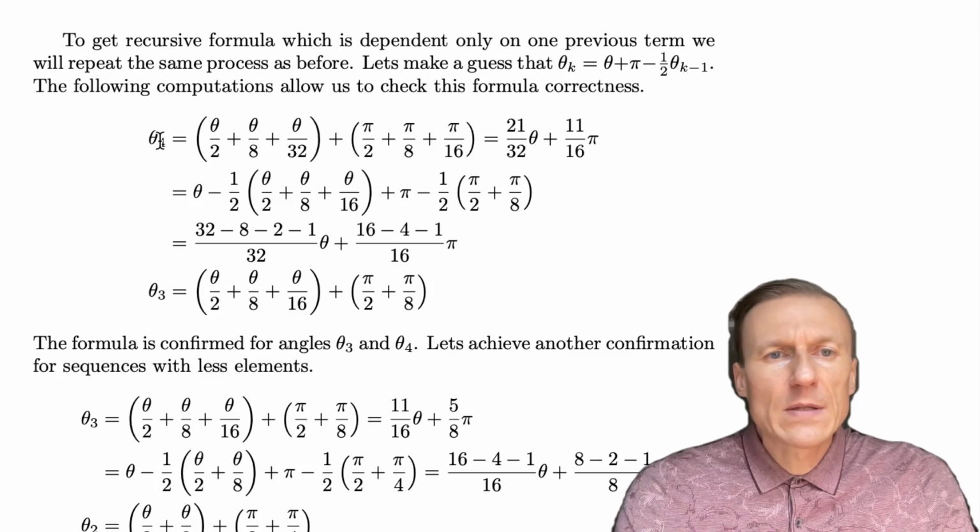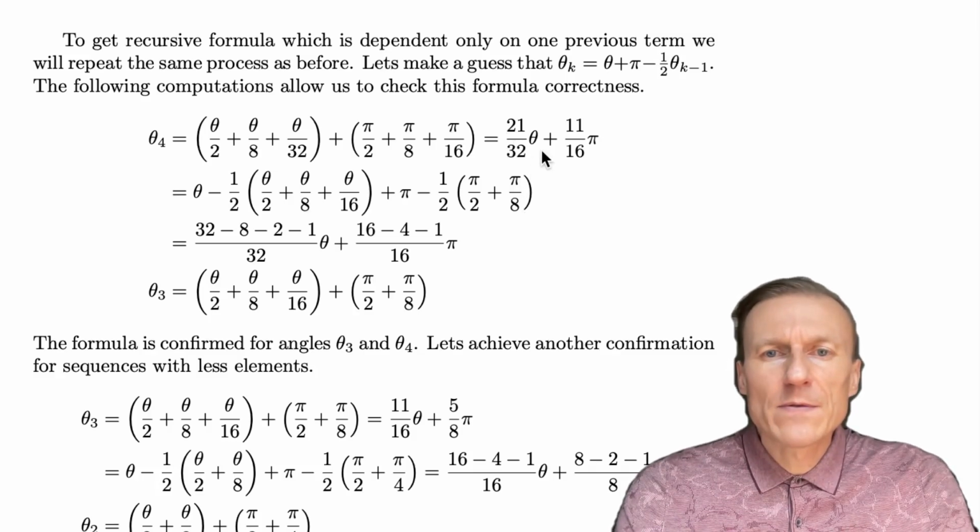So for theta 4 we already have calculated results. I grouped theta terms and pi terms together, not separately. And this time I want to collapse these formulas, because this series does not give us enough information to prove our guess.